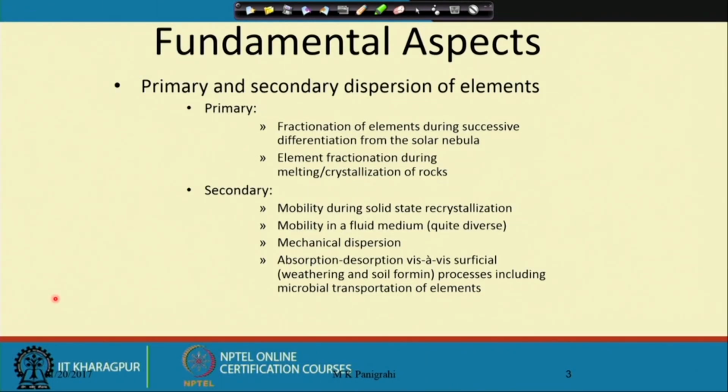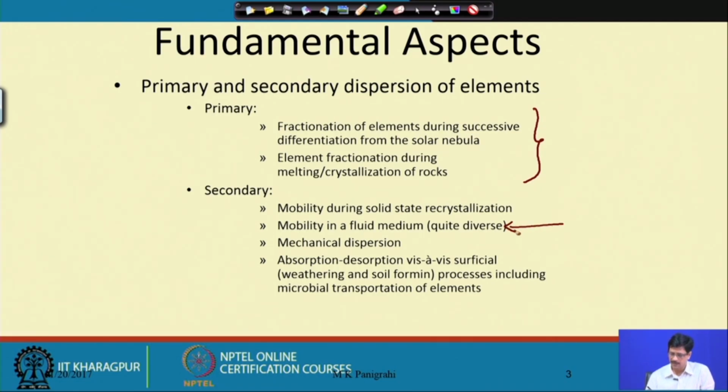Here, the fractionation of elements during the successive differentiation from the solar nebula, which we discussed before, was the first stage of dispersion and element fractionation, and the melting or crystallization of rocks goes in the primary process. And the secondary includes mobility during solid state recrystallization and mobility in a fluid medium, which is the main focus as far as exploration is concerned.